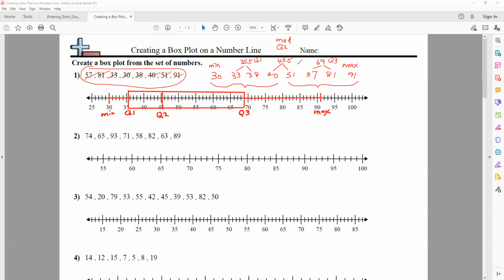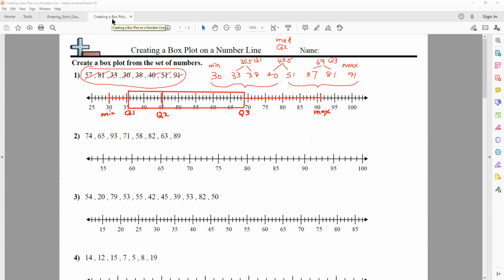All right, now if you want to do number 2, we write the set of numbers from the smallest to the greatest, and then start drawing the lines on those numbers. It could be a decimal again, and when it's a decimal, that just means 0.5, okay?